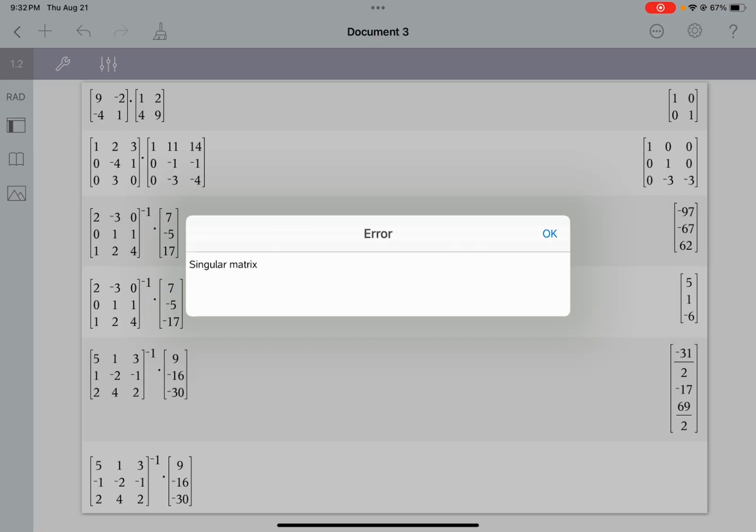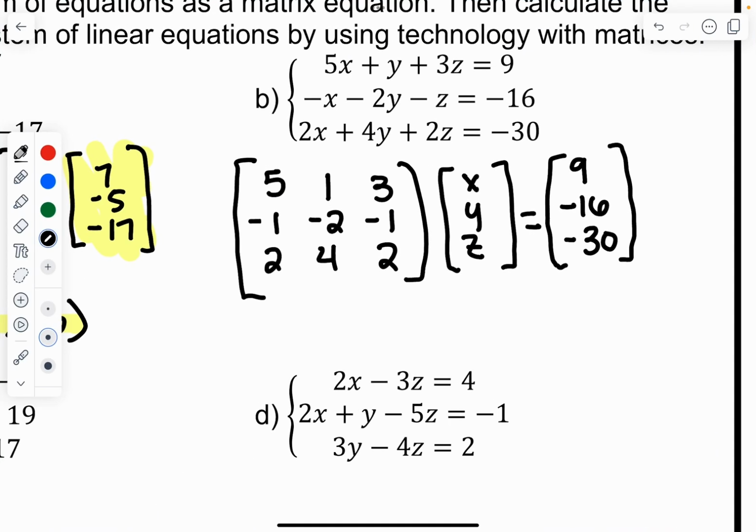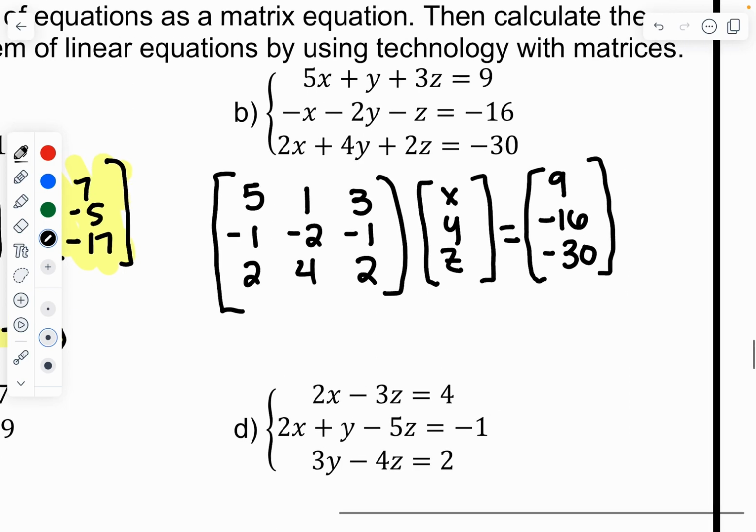So notice we get an error message. This error message means that you can have many solutions or you can have no solution. So what you have to do is go back here and double check our rows and our columns to see what we multiplied by. So it looks like we took this one right here and multiplied by -2. -1 times -2 is +2.